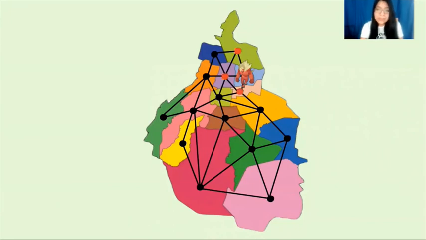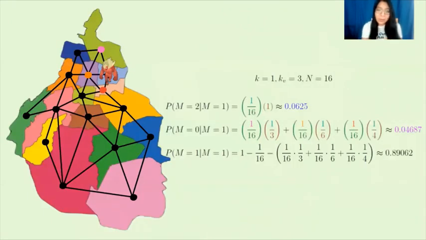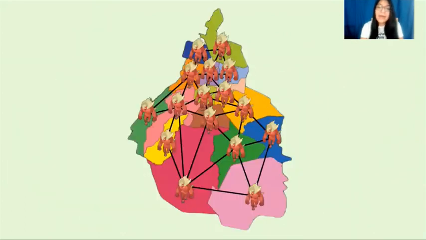These are its neighbors, and we calculate the probability that the next time there will be a more infected region, or a less infected region, or that it does not change. The probability that there will be another contagion is greater than the probability that the virus will disappear. So, it's more probable that eventually all of Mexico City will become infected.